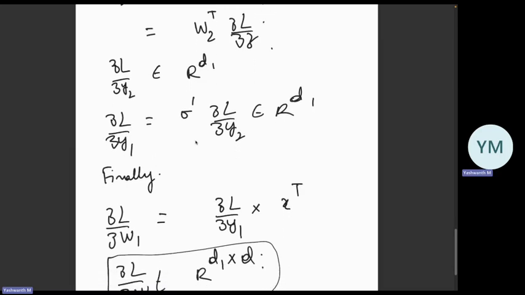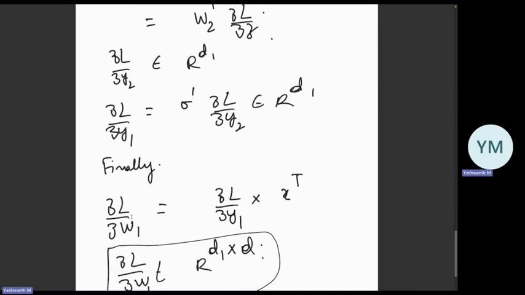And so finally, after we obtain dL by dy1, we get dL by dW1 as dL by dy1 times dy1 by dW1. So dy1 by dW1, in this context, takes up the form x transpose.